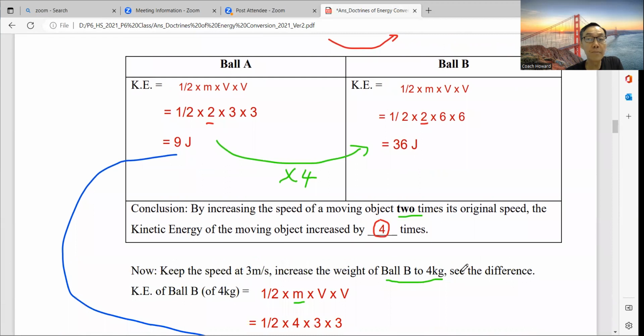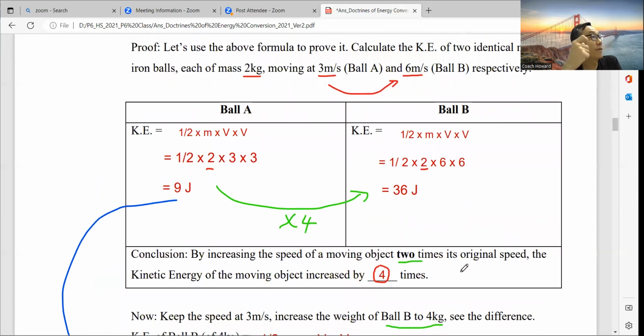One good example I use is the bullet fired from a police or military gun. It is very small, maybe weighing about 10 grams. 10 grams is 0.01 kilogram. If you use the formula, you take 10 divided by 1,000, so it's 0.01.